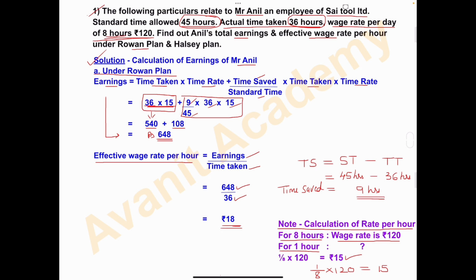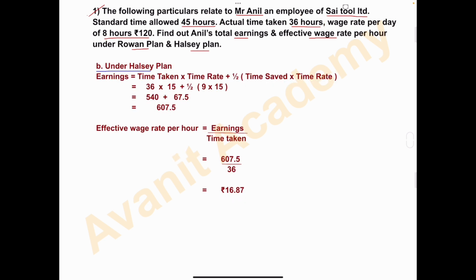Next, we'll calculate earnings of Mr. Anil under Halsey plan, B. To find out earnings under Halsey plan, the formula is earnings is equal to time taken into time rate plus half, that is 1 divided by 2, in bracket time saved into time rate, and close the bracket.